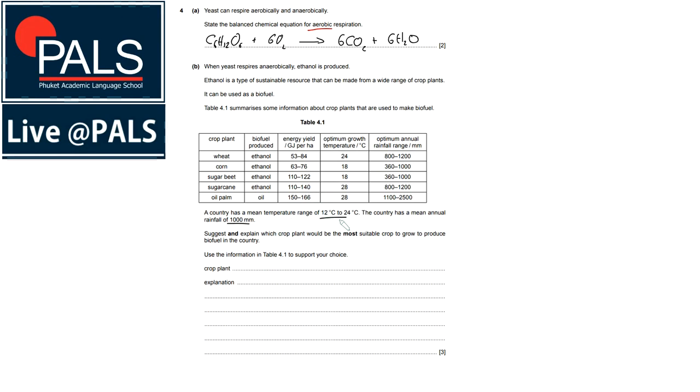So 12 to 24 degrees Celsius, that means we are somewhere between these three. Average annual rainfall 1000, well, this one is the most suitable. Average means it can be more or it can be a little bit less.